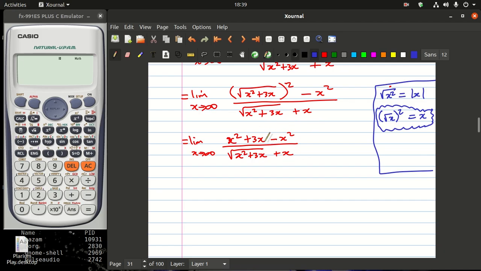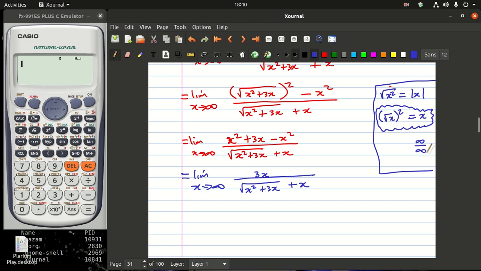And if you look into this now, you can see that I have an x squared and an x squared, but the sign, this is negative, that is positive, so it's going to go away, and we end up having the limit as x approaches infinity of just 3x all over the square root of x squared plus 3x plus x there. Now if I plug in infinity, 3 times infinity is going to be infinity, and in the denominator I will get infinity, so infinity over infinity.